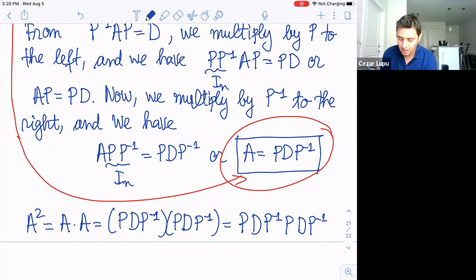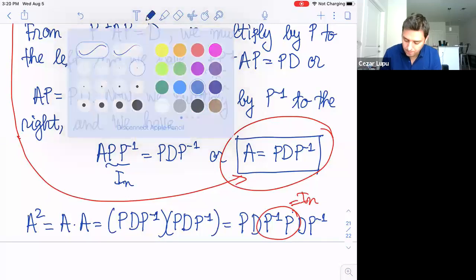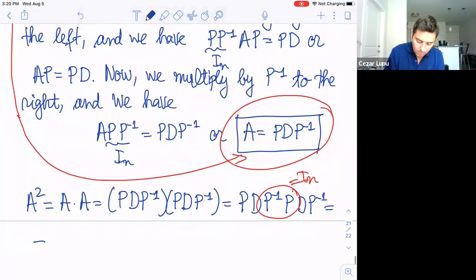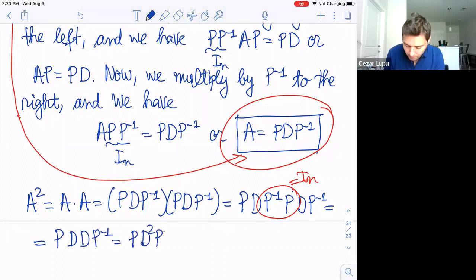As you can see, this part will annihilate, so this will be just the identity. So this will be equal to PD squared P inverse.